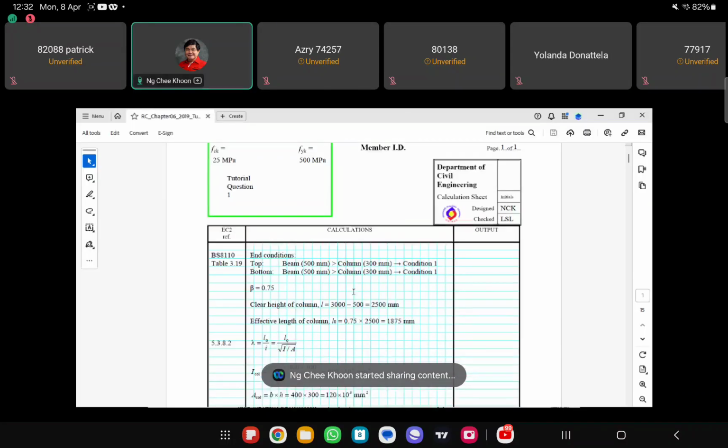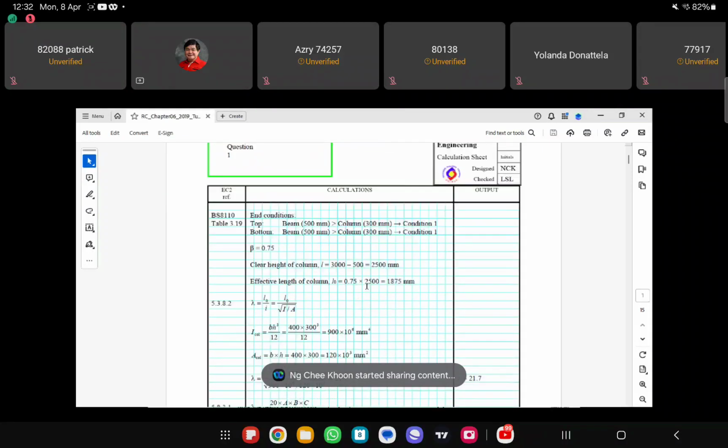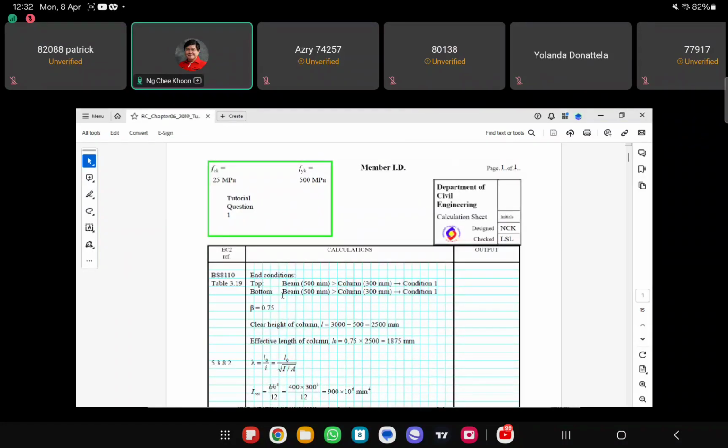Okay, so this is how we are going to solve this problem here. All right. For y-axis bending, it will be restrained by this 500 mm beam, and the column is 300 mm, right?